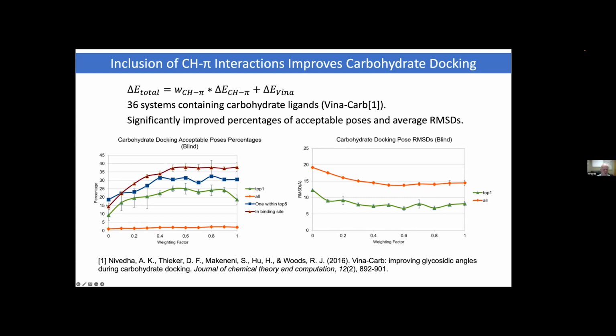And you can see with no weighting factor, no CH pi term, 15% of the structures are acceptable. At a value of somewhere between 0.4 and 0.8, we sort of plateau with an improvement up to nearly 40% of the structures being acceptable. If we now look at the RMSD of the carbohydrate in the binding site, it also goes down.